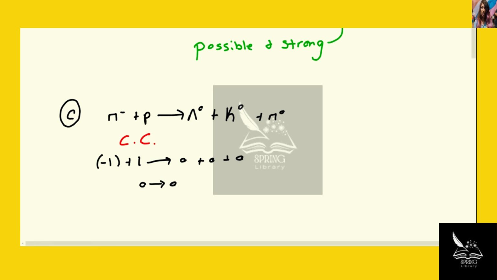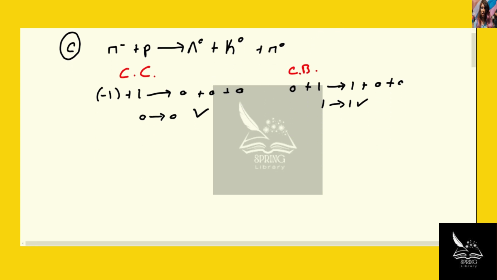And now we have the baryon number. It's going to be 0 plus 1 to 1 plus 0 plus 0. It's going to be 1 to 1, so that checks out. And now we have the strangeness.